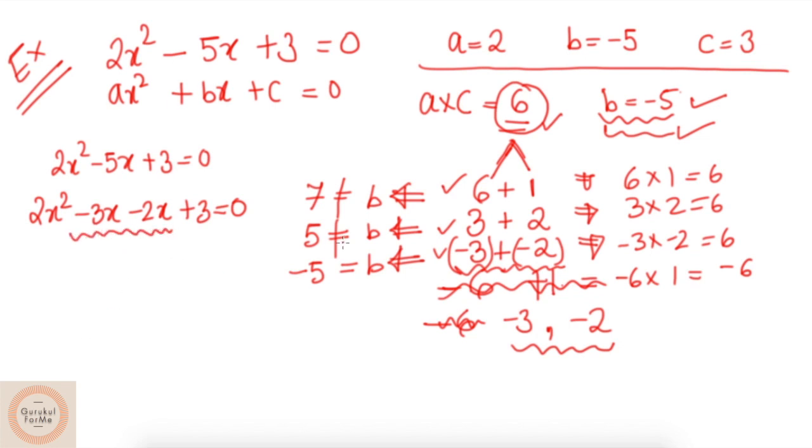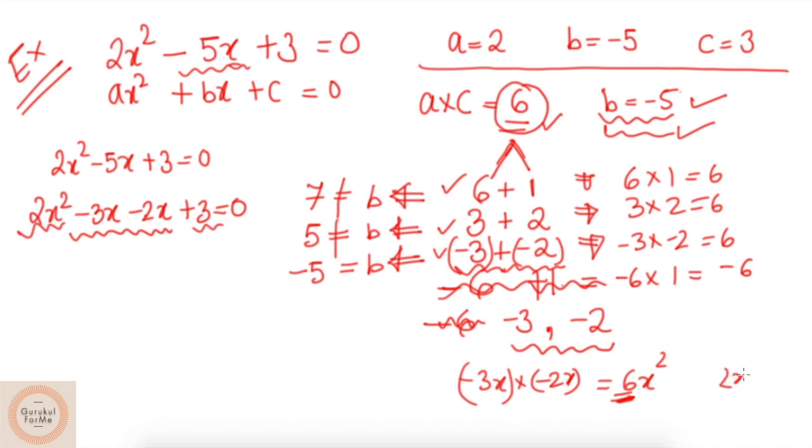Because if you add both of them, that gives me minus 5x. If you multiply both of them, that gives me 6x square, which is minus 3x into minus 2x, gives me 6x square. So effectively, when I say 6, it is the first term and the last term.